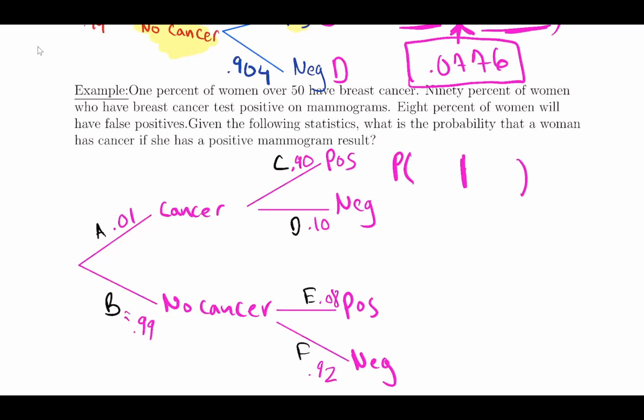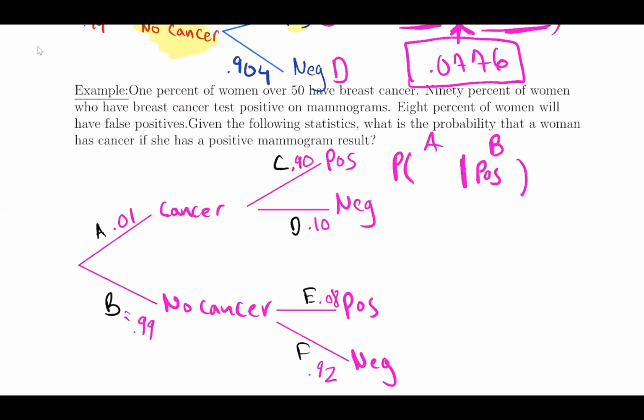Should it go here in A or here in B? You can shout it out or say either A or B on chat. Well, remember for this one, we already know she tested positive. So where should it go? B. So you put the positive right here.